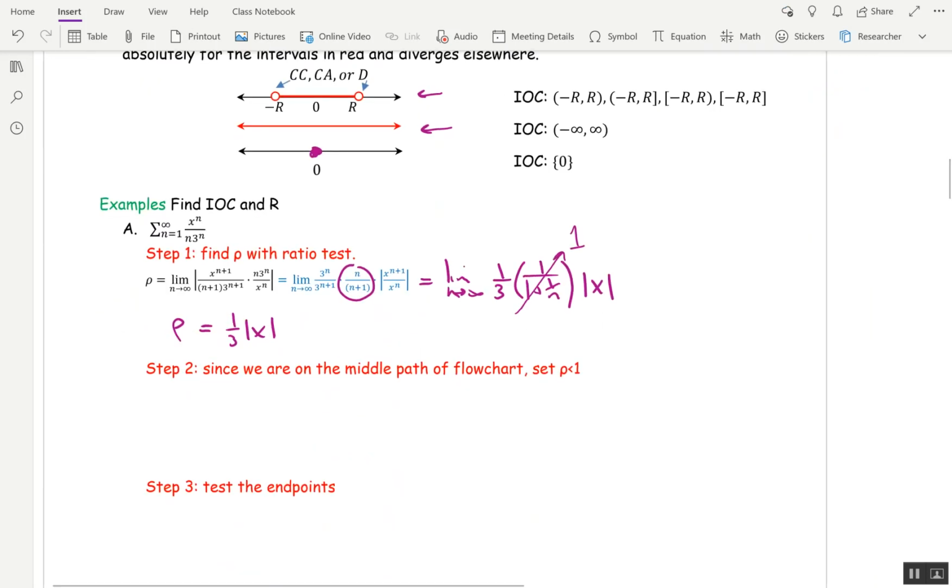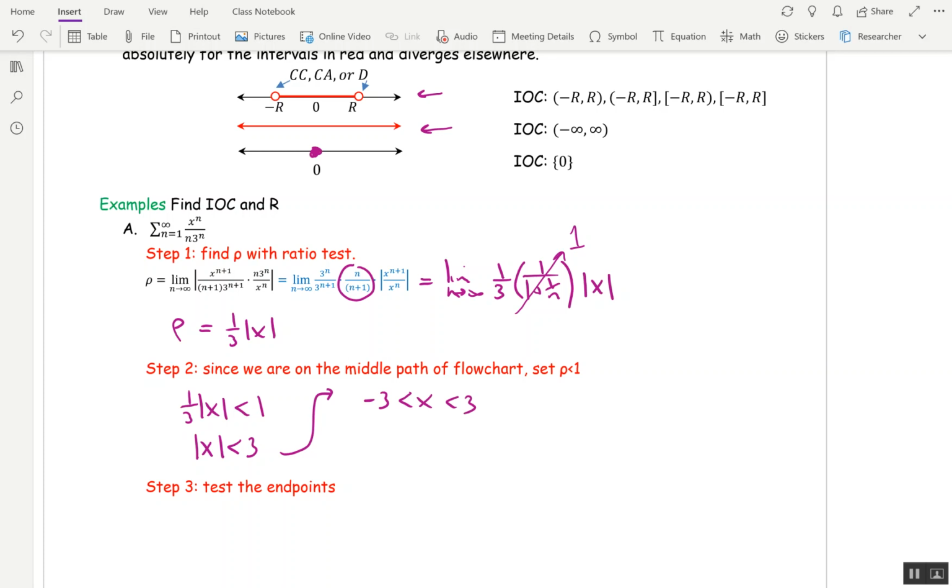Okay, so we're going to set 1/3 absolute value of x less than 1. Isolate the absolute value of x, so multiply through by 3. And now we're in the case absolute value of blah is less than some number, so this gives us -3 less than x less than 3.